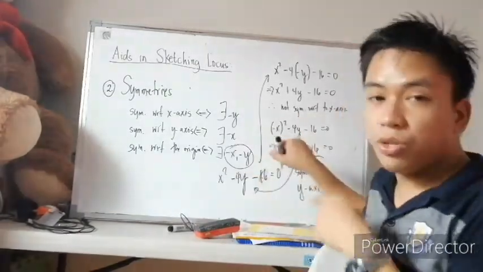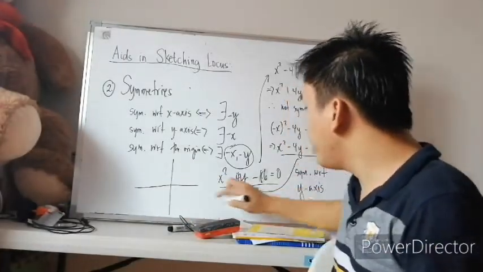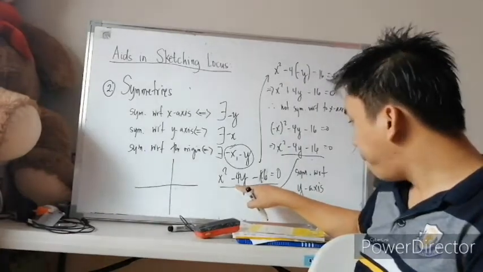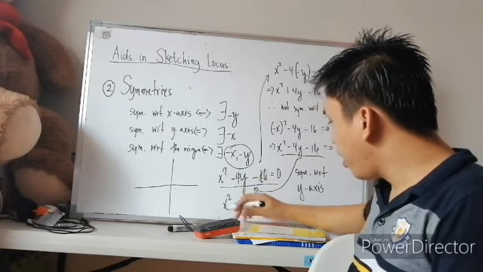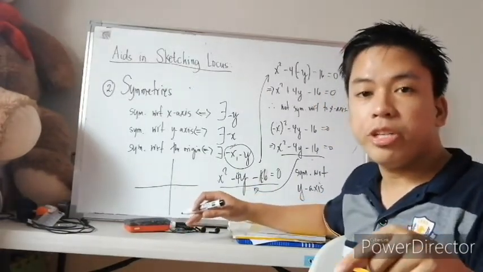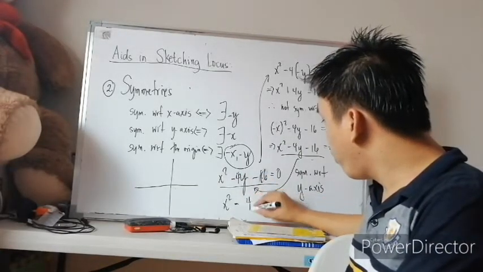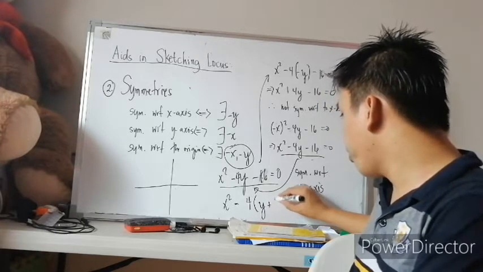And it's pretty obvious when you plot the graph of this equation. So, remember, this is a parabola that opens up. Why? Because if I reformat this into the standard equation of a parabola, so you may check on the video for the parabola, you have x squared equals 4y plus 4.